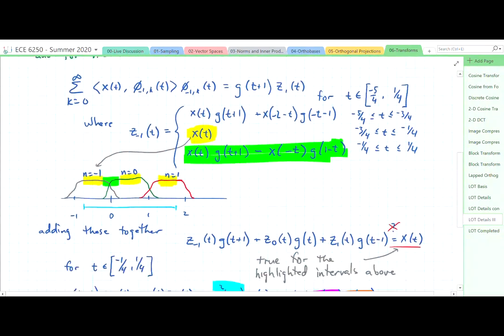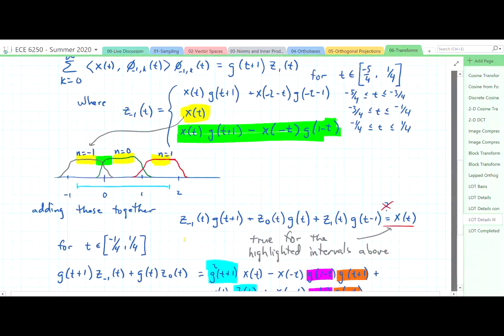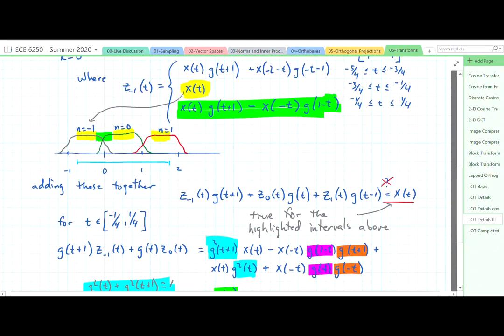So when we add together all of these terms, we've been able to reproduce z negative 1 of t times g of t plus 1, z0 of t times g of t, and z1 of t times g of t minus 1.